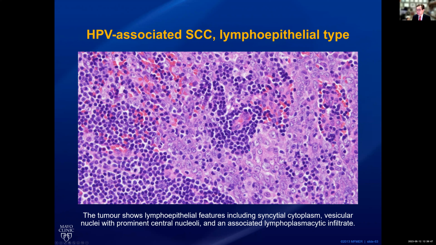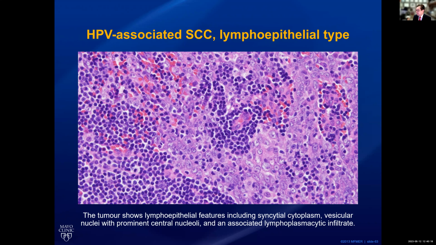In America and Canada, we don't see a lot of lymphoepithelial type induced by EBV, because nasopharyngeal carcinoma induced by EBV is mainly seen in Asia, Hong Kong, Singapore, part of China, but not in America. I only see a couple of cases, probably because those patients had travel history or whatever reason. But in America, we see HPV-induced lymphoepithelial type.